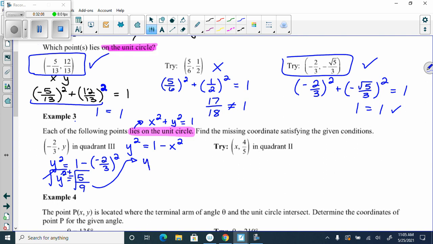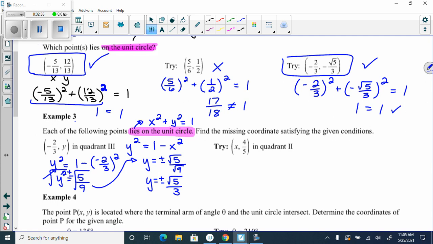So we can go y equals plus or minus root 5 over root 9. And we only split them up when one of them is a perfect square. Now the root 5 is going to stay root 5, so plus or minus root 5. But the square root of 9 is 3. And we've gotten rid of our rationalizing denominator problem, correct?